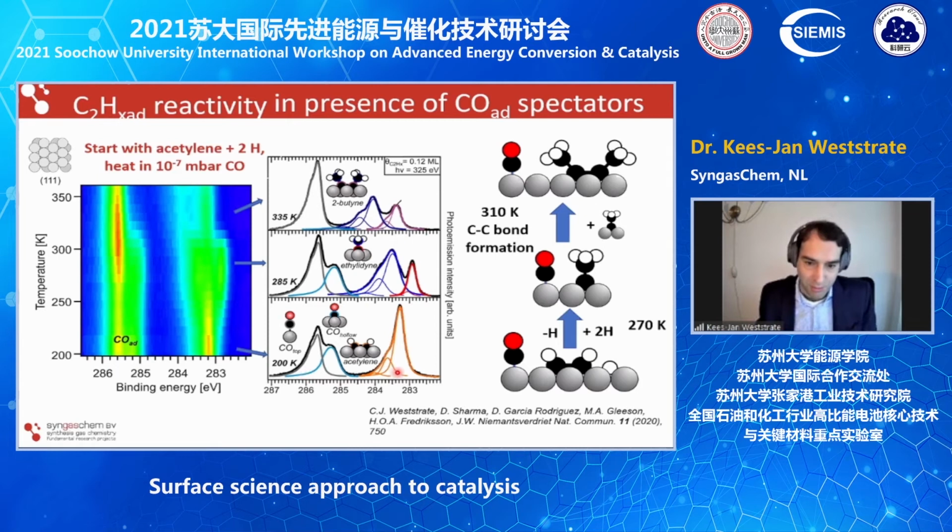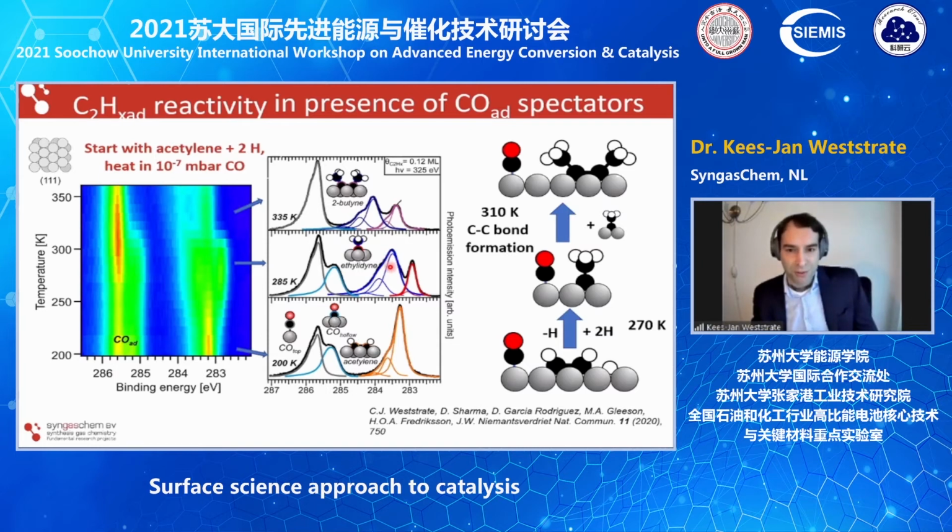You can see at low temperature, this is what our spectrum looks like. And here you can see the cartoon. This is what we have. Now we start to heat. So when we heat, the temperature is higher, so more and more reactions will become possible. And indeed, we see that the acetylene starts to react. This we can know because the shape of the spectrum changes in this region.